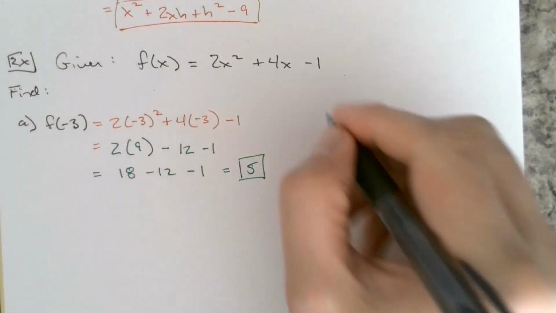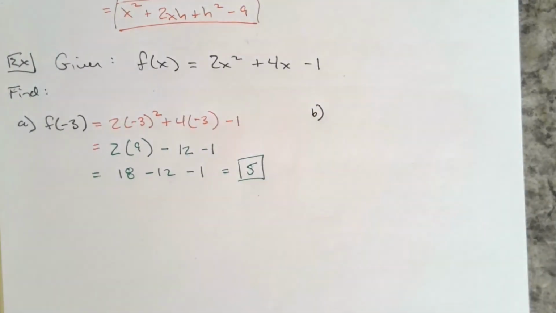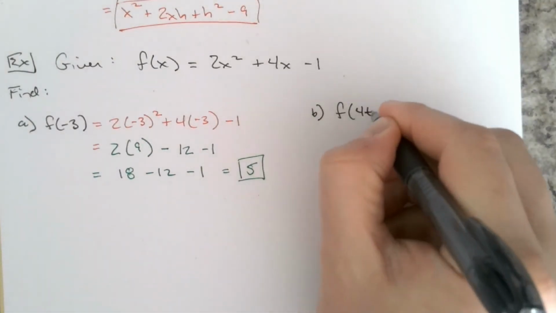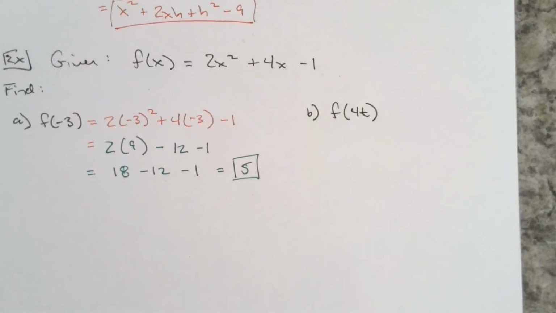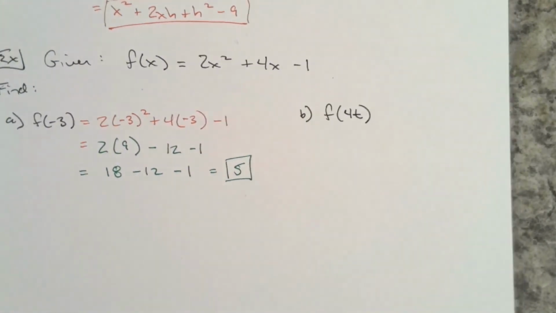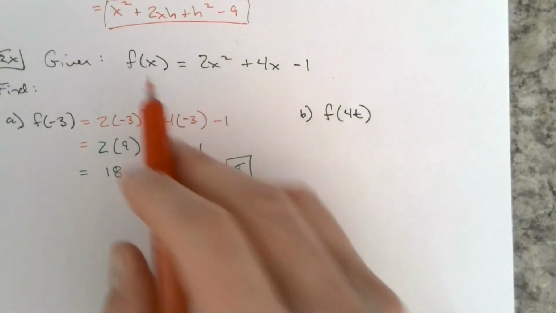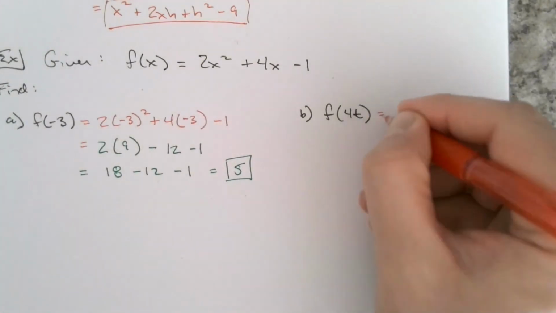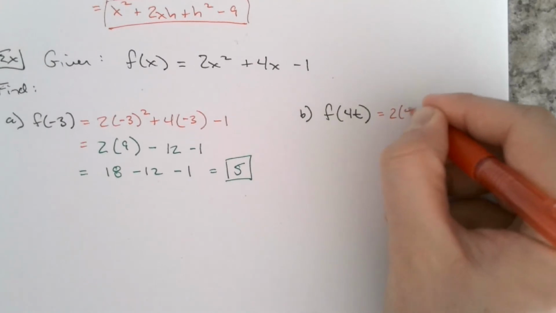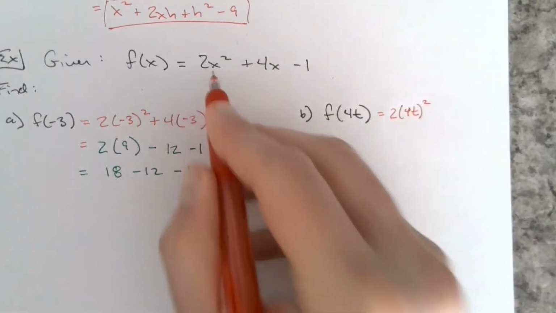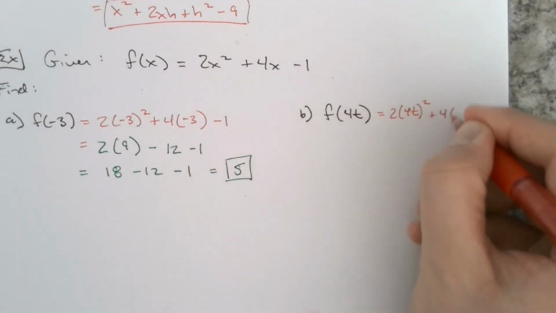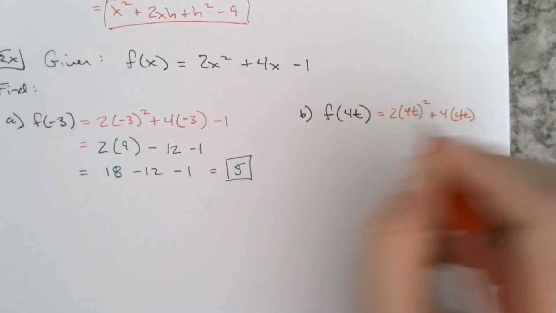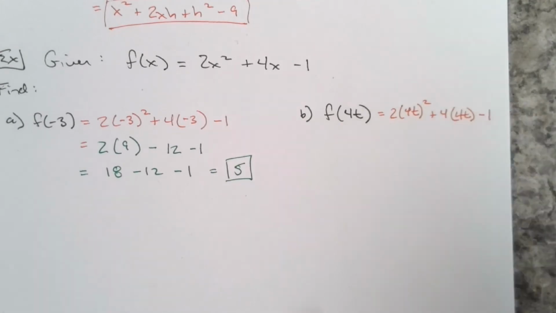Let's try another one. If I said we had f of 4t. Now when I say f of 4t, remember that means everywhere you saw an x in f of x, you're replacing it with 4t. So this leaves us with 2 times 4t squared, replacing that first x, plus 4 times, in parentheses, replacing that x with 4t, so times 4t, and then minus 1.